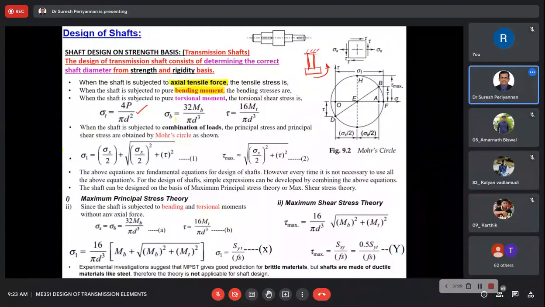Sigma b is equal to 32 Mb by pi d cube. How did this come? This came from our governing bending equation, M by I is equal to sigma b by y is equal to E by R. From this formula, we derived sigma b is equal to 32 Mb by pi d cube.